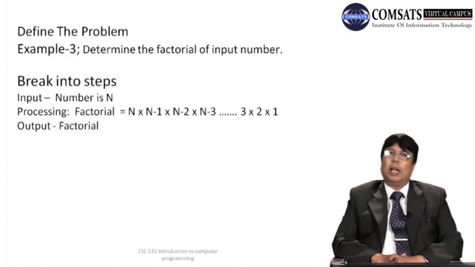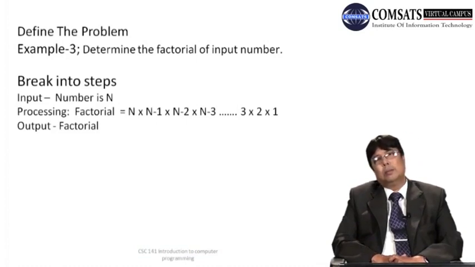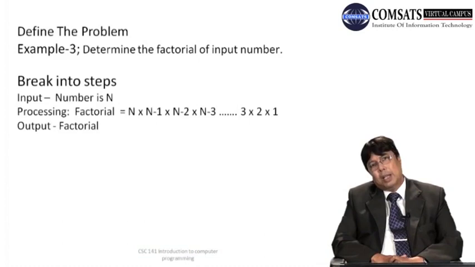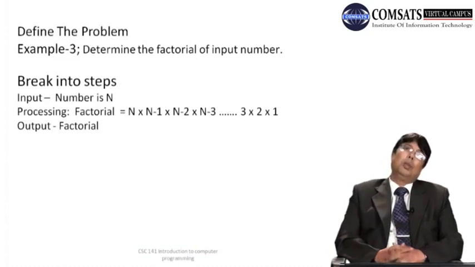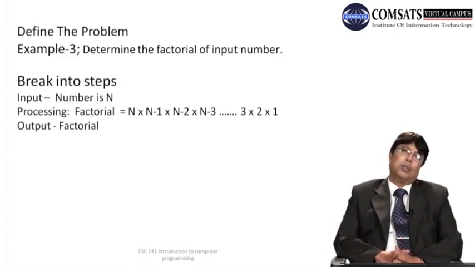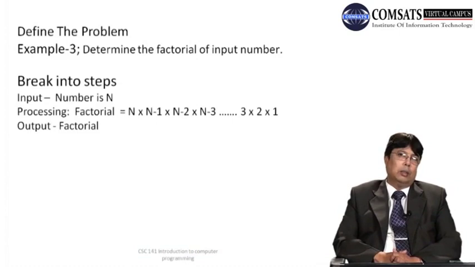So how do you calculate the factorial? Factorial of n is equal to n multiplied by factorial of n minus 1. Then what is the factorial of n minus 1? It is n minus 1 multiplied by factorial of n minus 2. So if we need to compute the factorial of 4, it is 4 multiplied by factorial of 3.